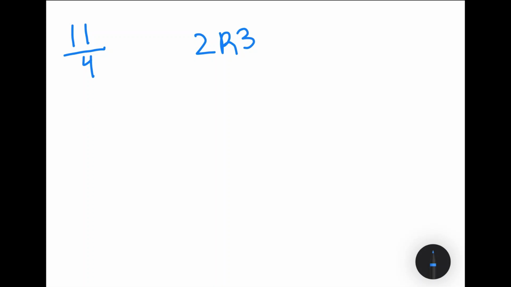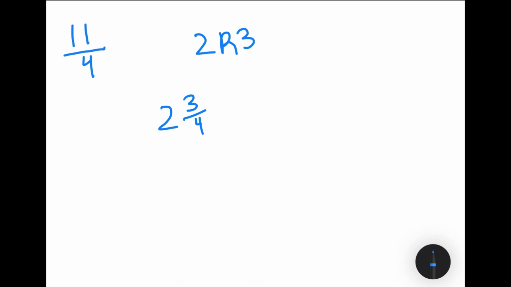Now I'm going to use this whole number 2 as the whole number for my mixed fraction, and I'm going to use that remainder, 3, as the numerator for my proper fraction. So I'm going to have 2 as my whole number, 3/4, and I keep my denominator, as you can see, from the original example.